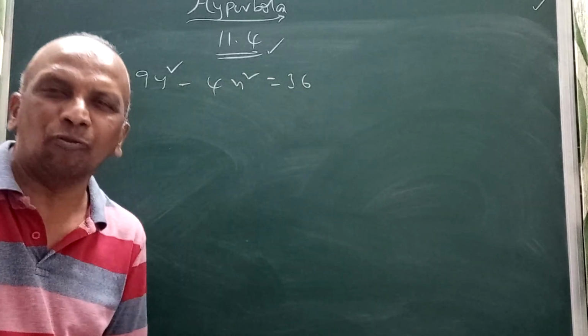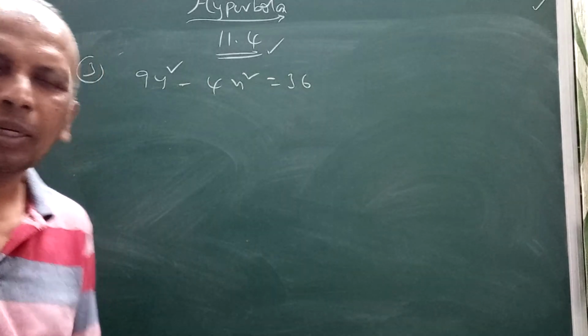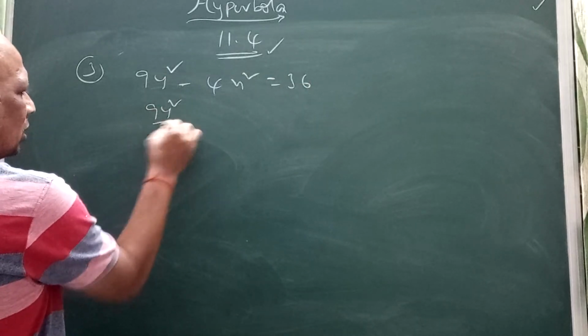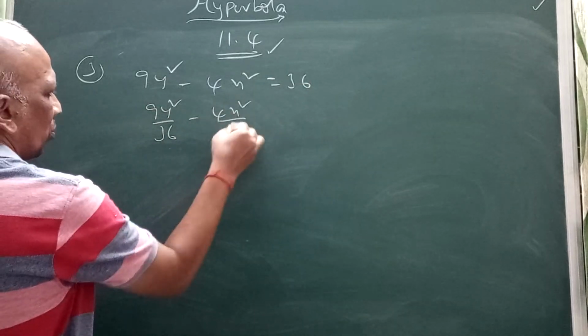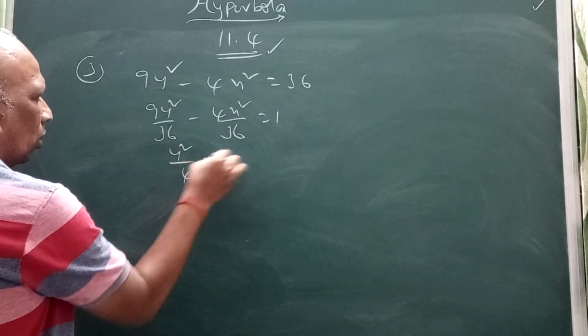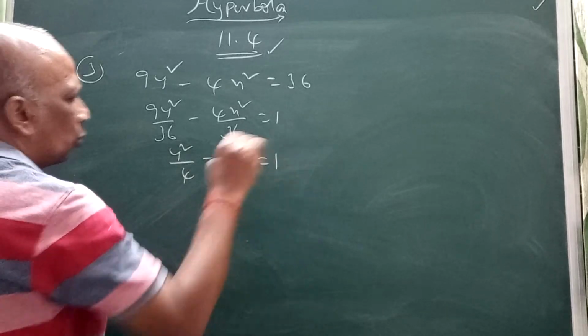To write it in standard form, the right-hand side should be 1. You divide by 36. You will get 9y square by 36 minus 4x square by 36 equal to 1. It will become y square by 4 minus x square by 9 equal to 1.